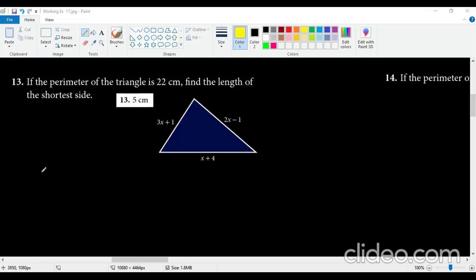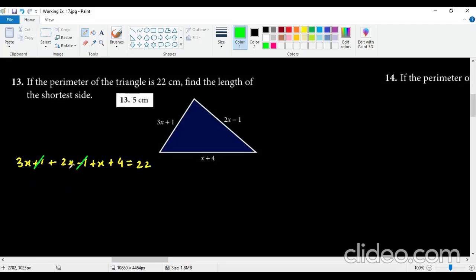And in here it says the perimeter of the triangle, that means adding up all the sides, is going to be equal to 22. That means 3x plus 1 plus 2x minus 1 plus x plus 4 is equal to 22. That means the plus 1 and minus 1 are going to be cancelled.